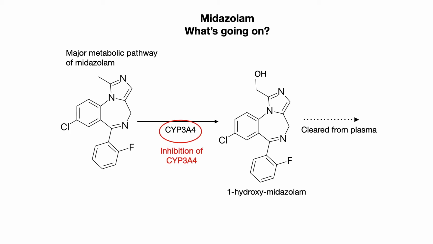And it is CYP3A4 that is being inhibited, and it's being inhibited by ketoconazole, which is a strong CYP3A4 inhibitor, and so that results in reduced plasma clearance.